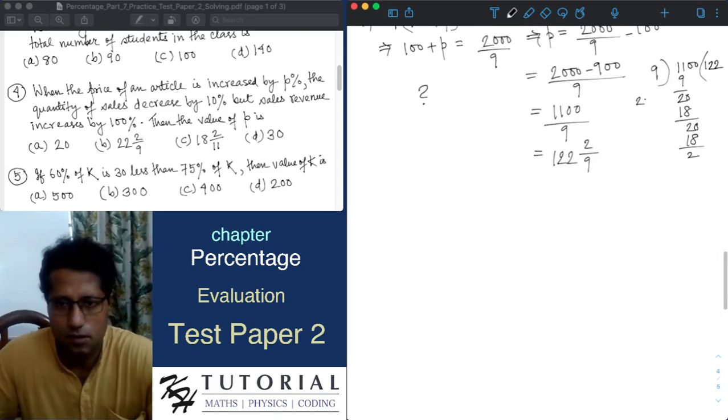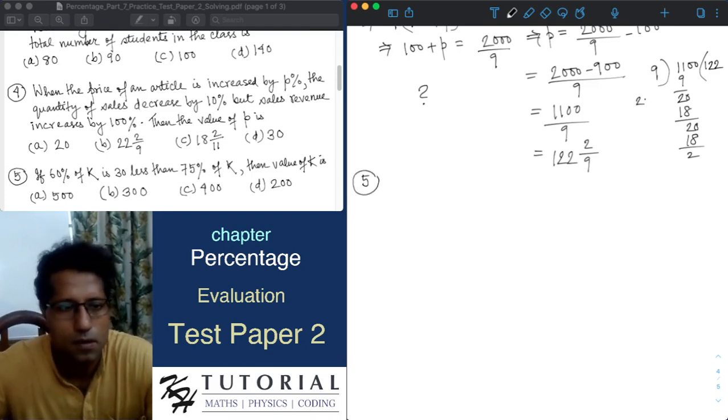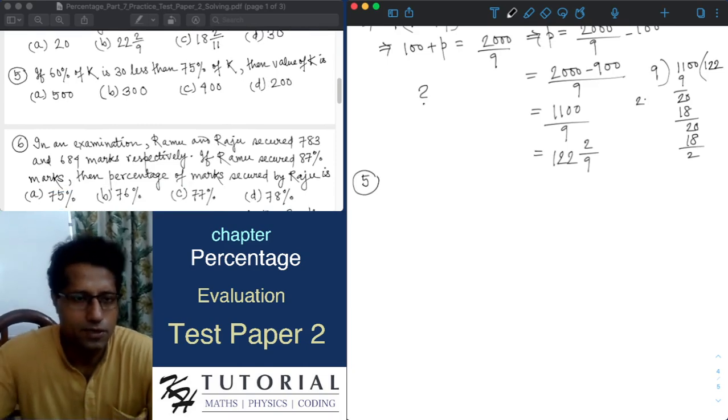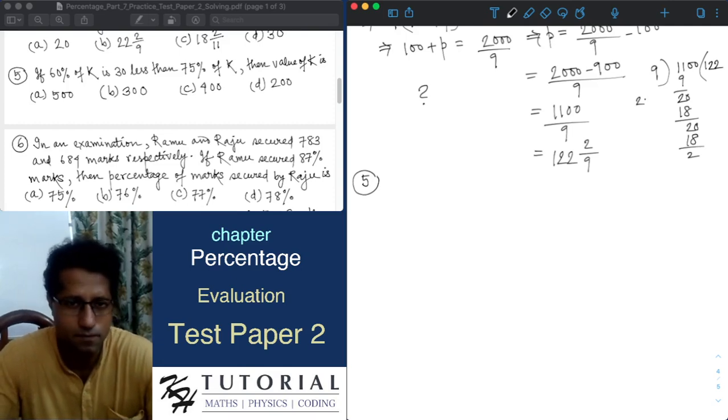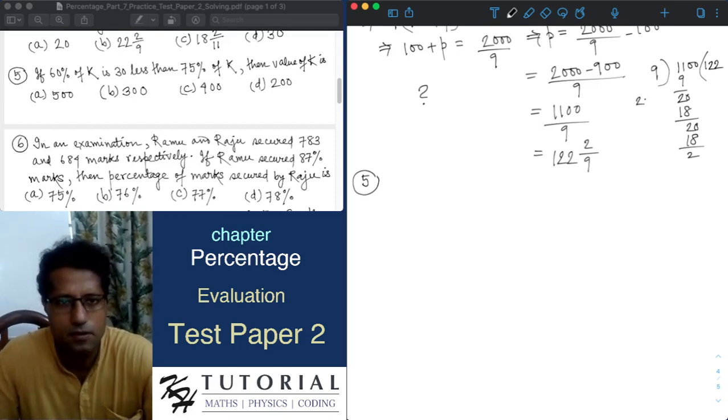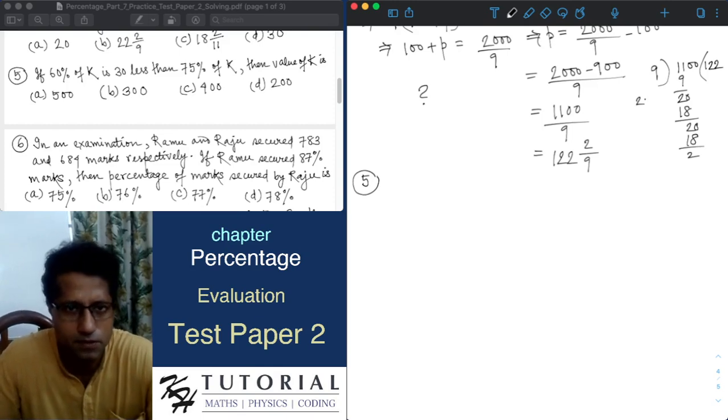Okay, so let's proceed. Let's do question number 5. It says that if 60% of k is 30 less than 75% of k, then the value of k is.